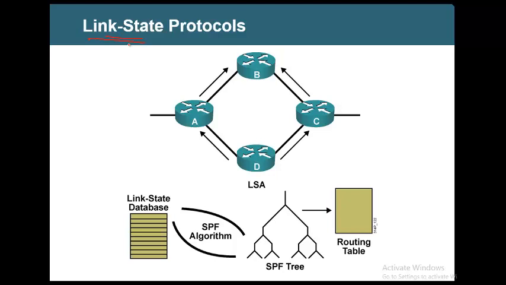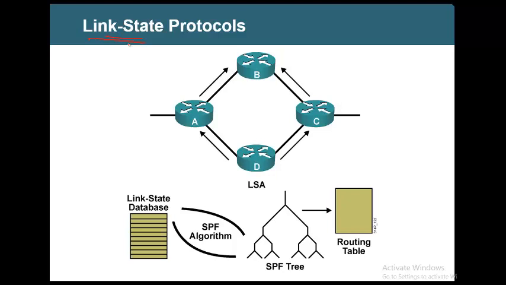Once they know the topology, every router, using that topology, the map that they learned, will themselves find the best path and install the best path into the routing table. That's what you see here in this picture. This is the reason why we call this routing protocol a link state routing protocol.